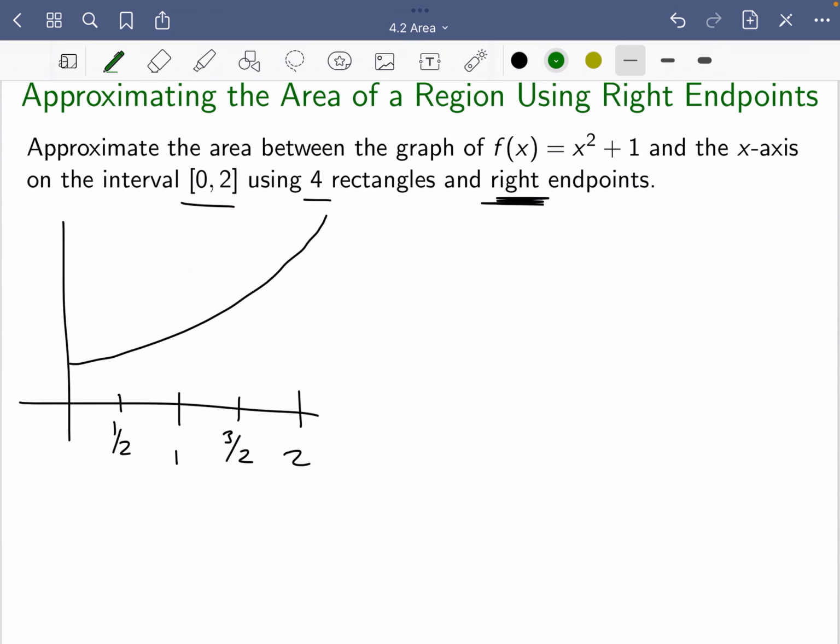So using right-hand endpoints, starting at 0, the first rectangle is going to be right here. We'll call that region 1. The second rectangle is going to be defined at the right hand of the next interval.